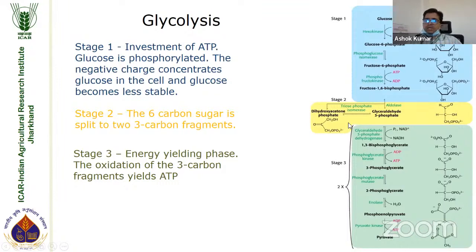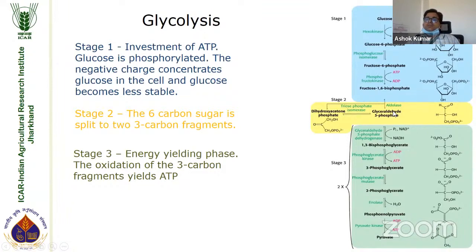Both can be interisomerized, like dihydroxyacetone phosphate can be isomerized into glyceraldehyde 3 phosphate, and vice versa. Glyceraldehyde 3 phosphate has the potential to enter the downstream of this pathway.